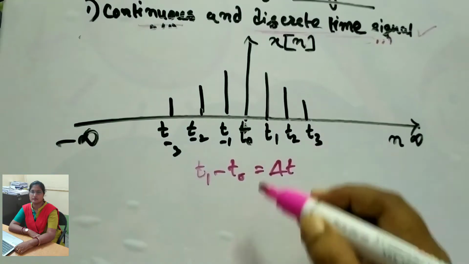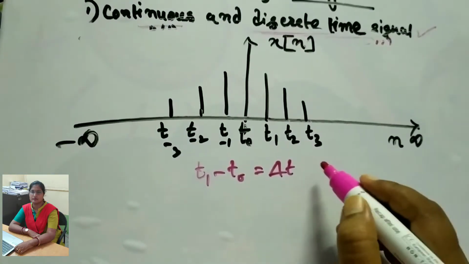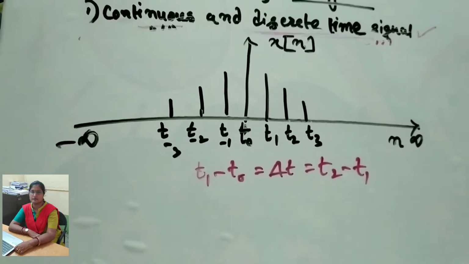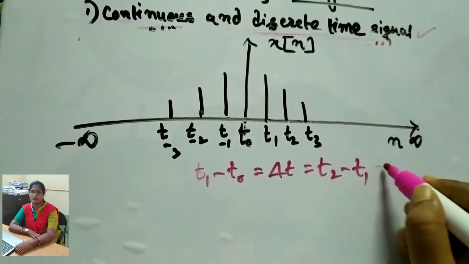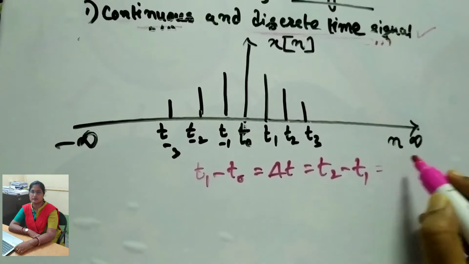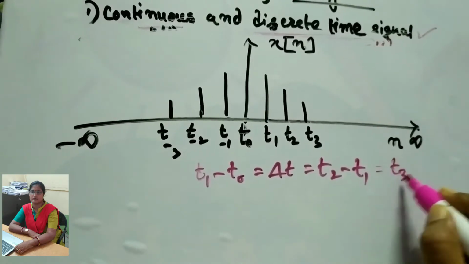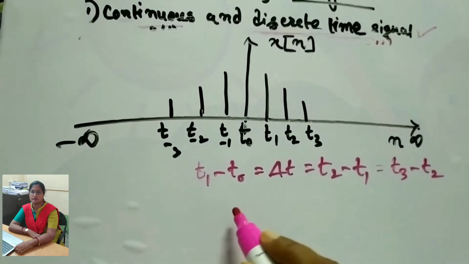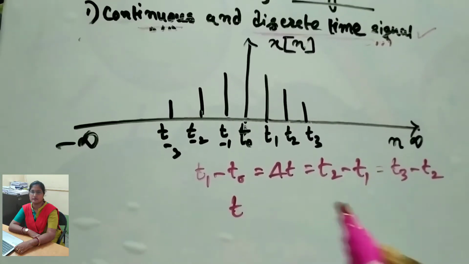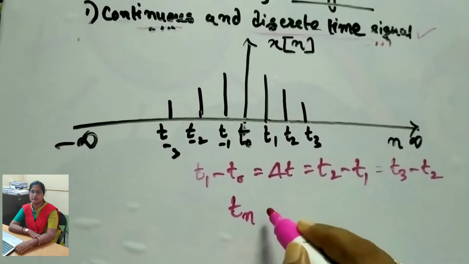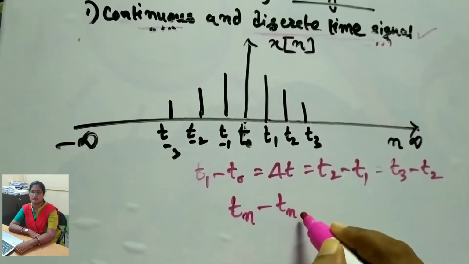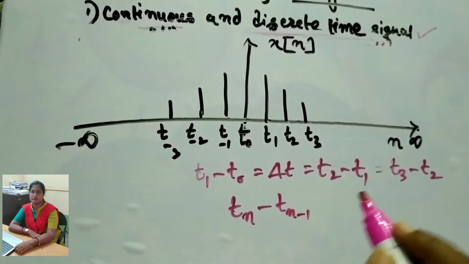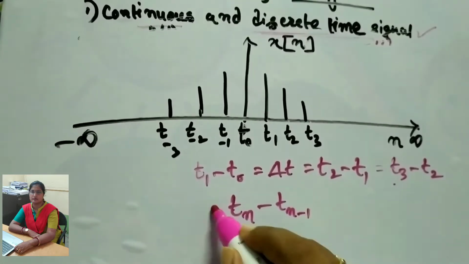For example, the time interval t2 minus t1, and again t3 minus t2, continues up to tn minus t(n-1), which is also the same as this.